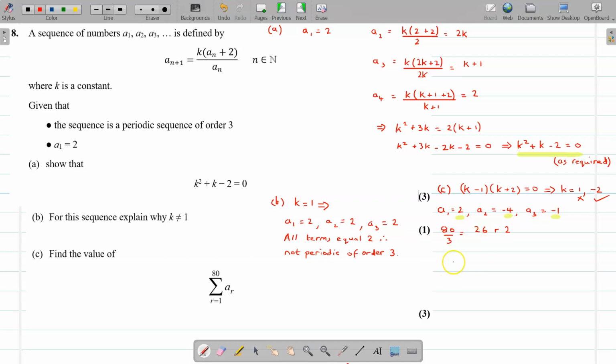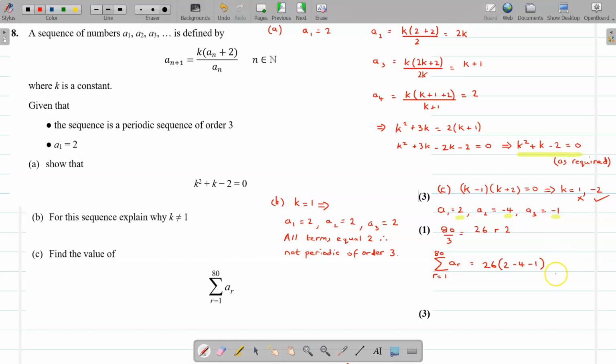So the sum from r equals 1 to 80 is going to equal 26 lots of the first 3 terms added together, 2 minus 4 minus 1.